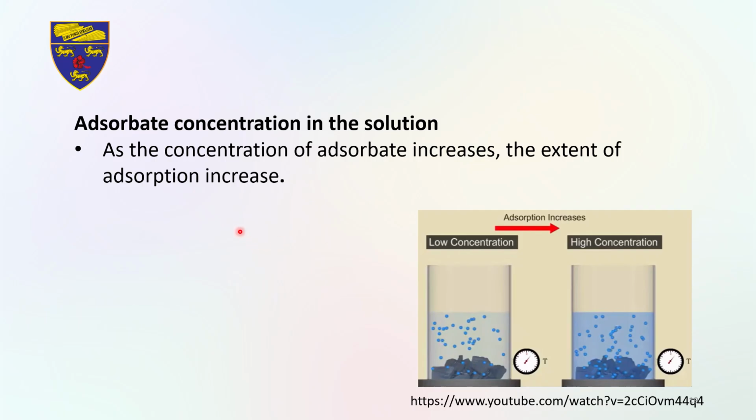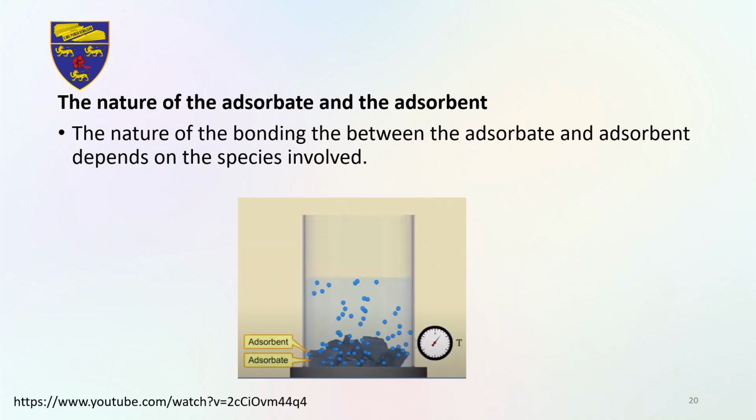Regarding concentration, as the concentration of the solute increases, the extent of adsorption also increases. The nature of the chemical bonding between the species involved determines how strongly they will adhere. So the nature of the adsorbate and adsorbent will determine how good the adsorption will be.